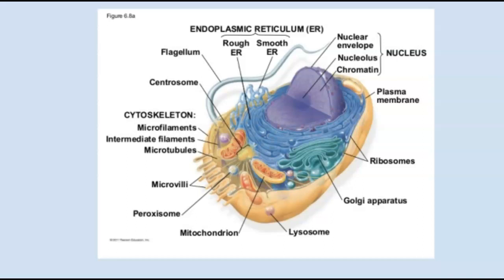Vesicles have a membrane. Smooth ER, rough ER, they all have a membrane, but some of them have a double membrane, two membranes. This would be mitochondria, which have an inner and an outer membrane, and chloroplasts, which also have an inner and an outer membrane.